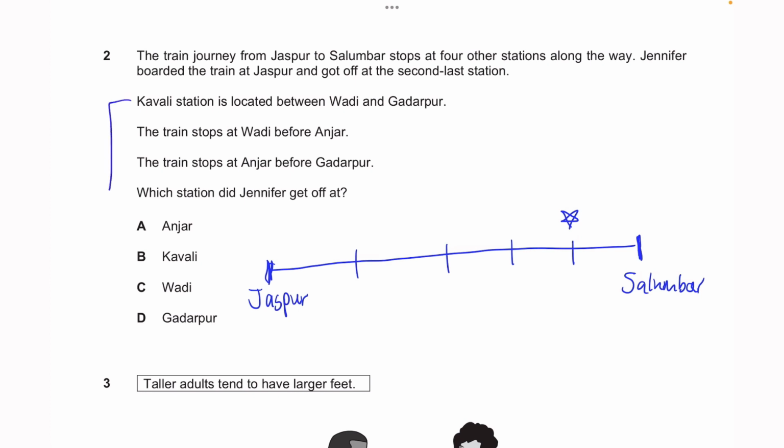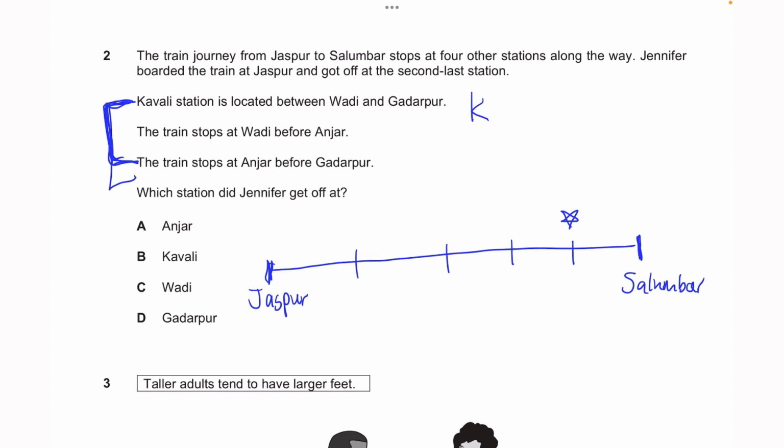Now, over here are 3 other clues that we've got to follow to see which station did Jennifer actually get off at. So, we know that Cavalli station is located between Wadi and Gadapur. So, if we have a look, we don't know exactly where this is placed, so we're going to just write it on the side here.